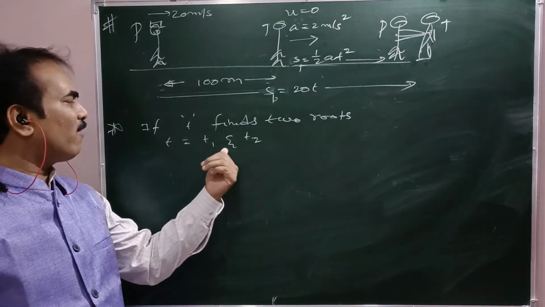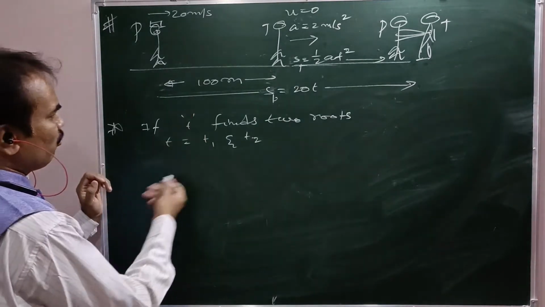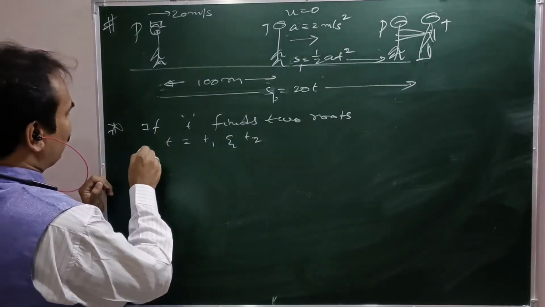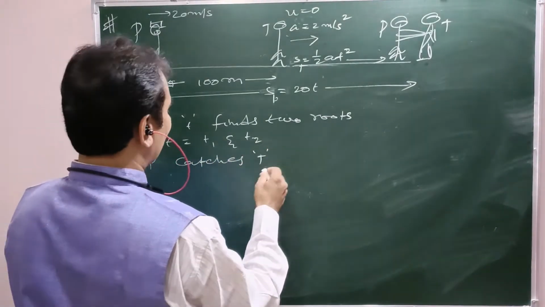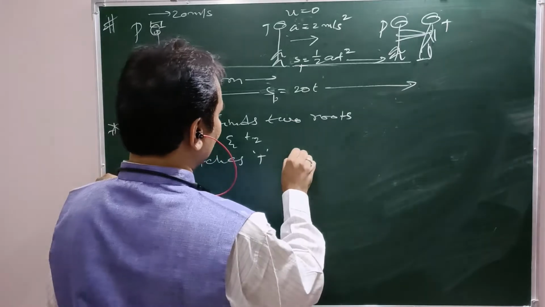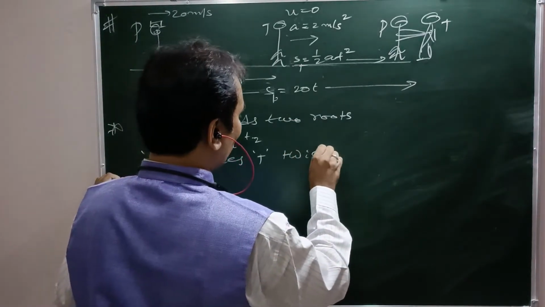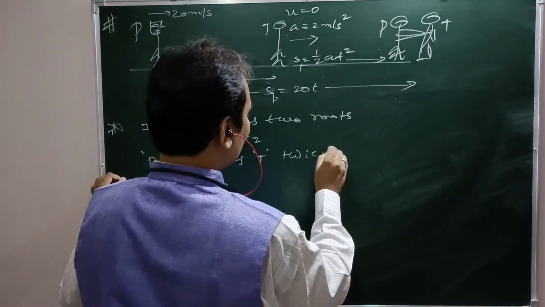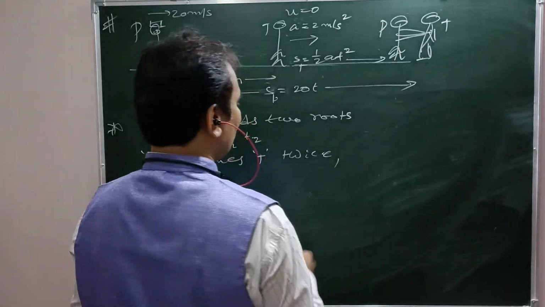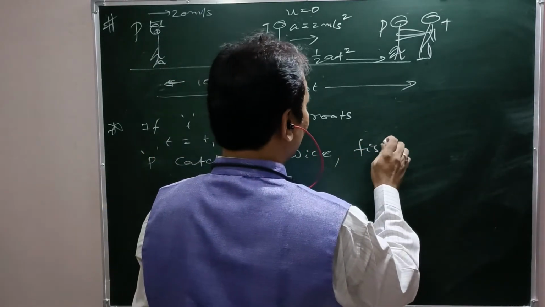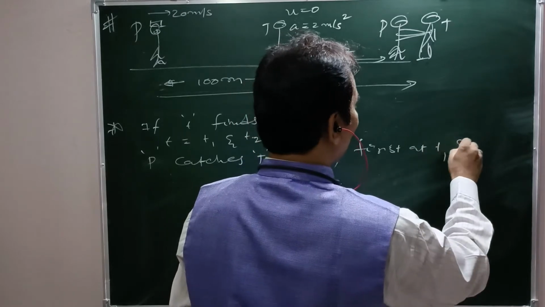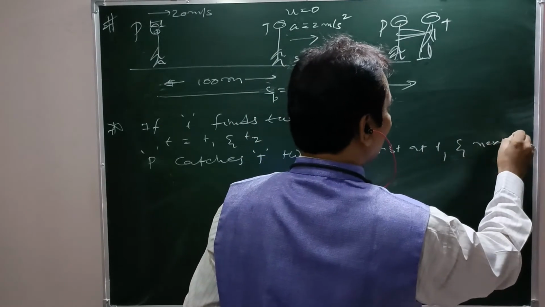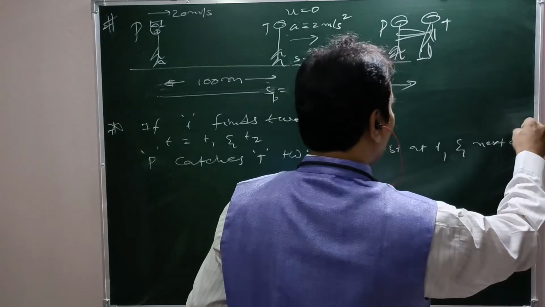T equals either T1 or T2, which means the policeman catches the thief twice, first at T1 and next at T2.